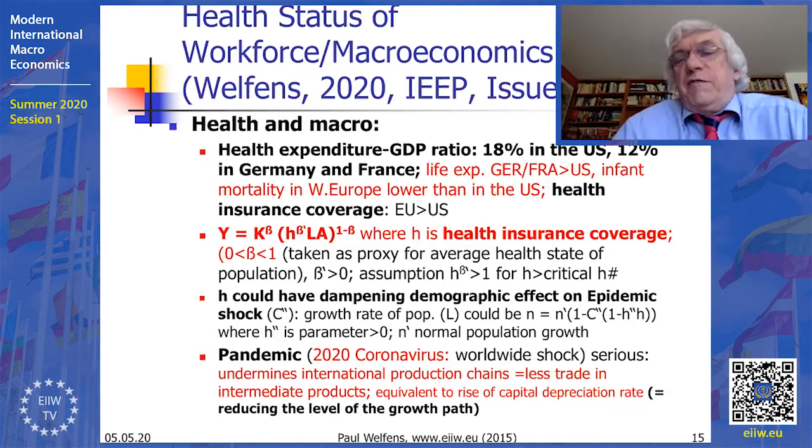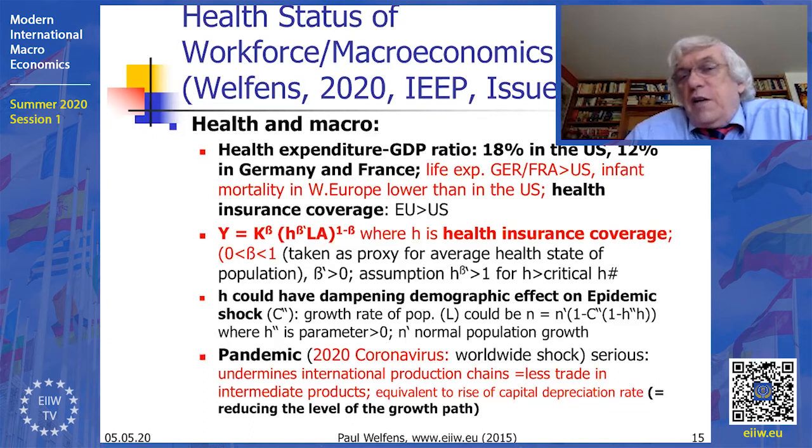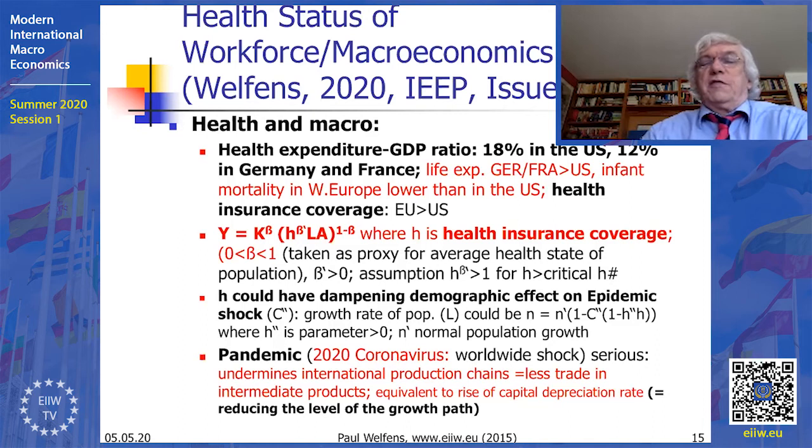But if the health system is organized fairly well, and that should be the case if you have broad health insurance coverage, then this dampening effect of the epidemic on population growth will be mitigated by the health insurance coverage ratio, small h.